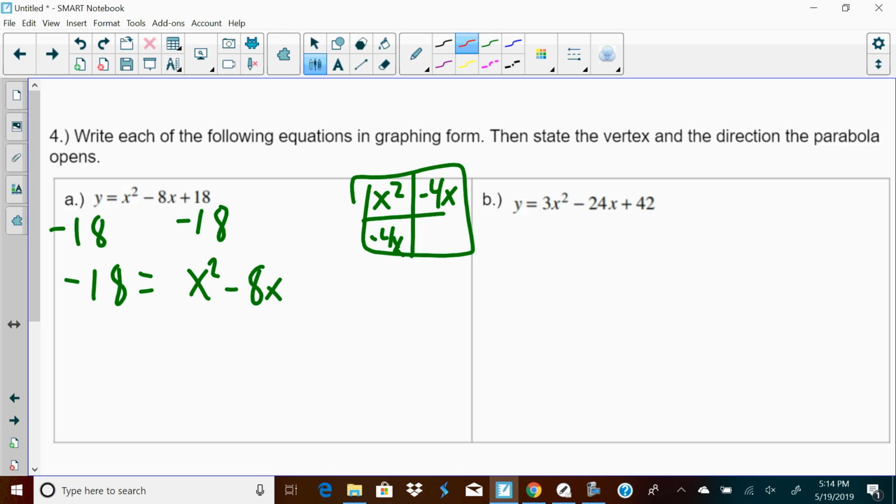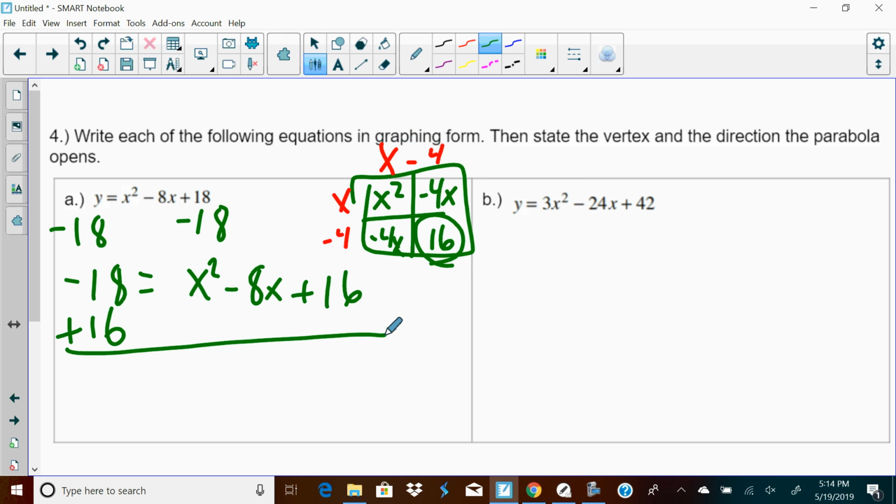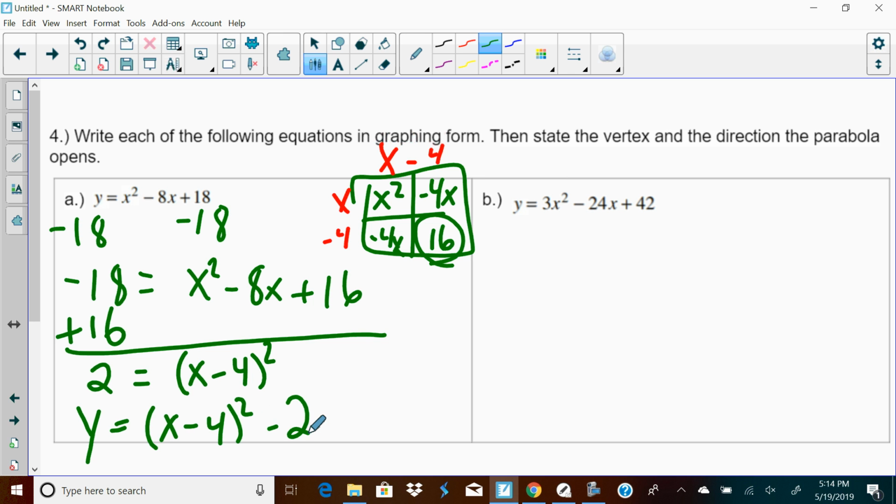So then I get x minus 4, x minus 4. So this is 16, which means I'm going to add 16 to both sides. So I get 2 equals x minus 4 squared. So then I get y equals x minus 4 squared minus 2. So the vertex is going to be 4, negative 2, and it opens up.